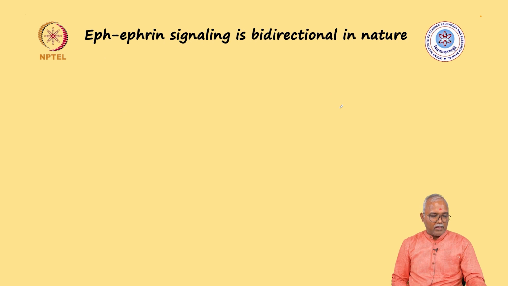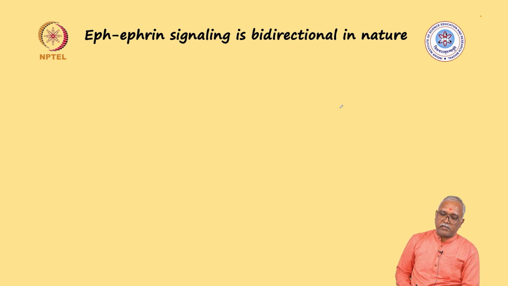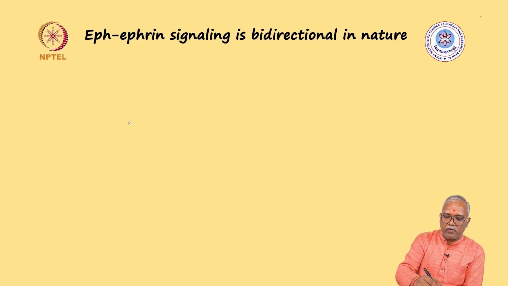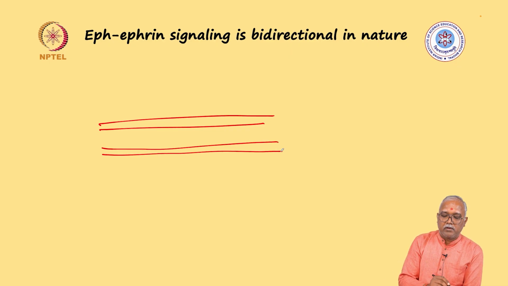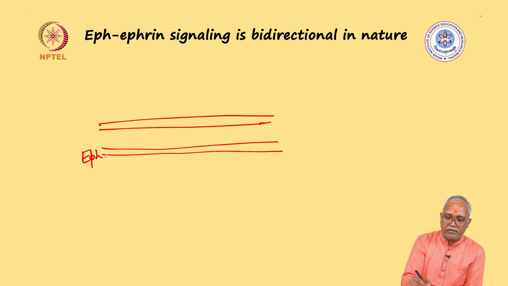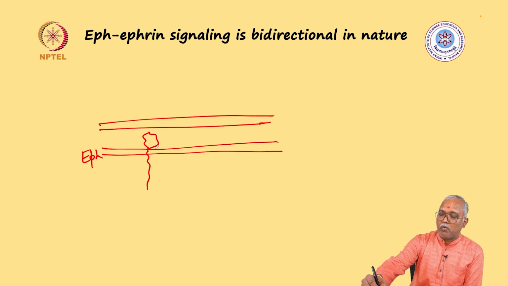So let's have a look at the EPH Ephrin signaling, which is bidirectional, and take a scenario of a cell junction. So the cell junction here, the space, this is where you have, suppose I say, EPH receptor, they have an extracellular domain. When we were discussing multiple different types of extracellular domain in receptor tyrosine kinases, one of the domains was fibronectin type 3.